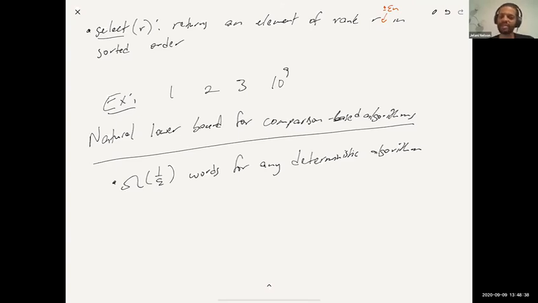It comes because imagine you take the K items that you're storing, let's say Z1, Z2, up to ZK, and this is the sorted order of those items.